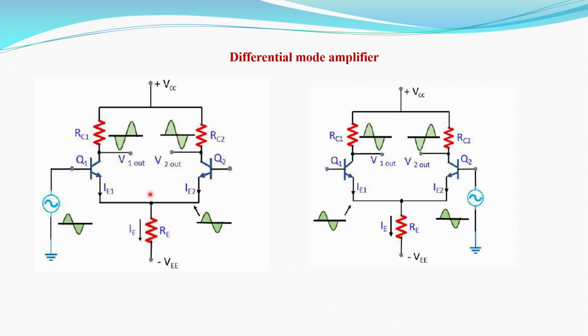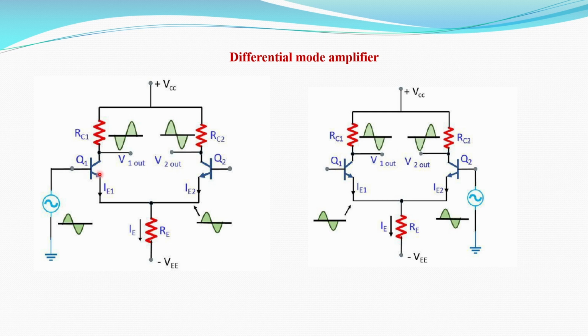And the second is the common collector amplifier, in which the signal appears at the emitter of Q1, in phase with the input and slightly smaller. The input signal at the base of Q1 drives the transistor.